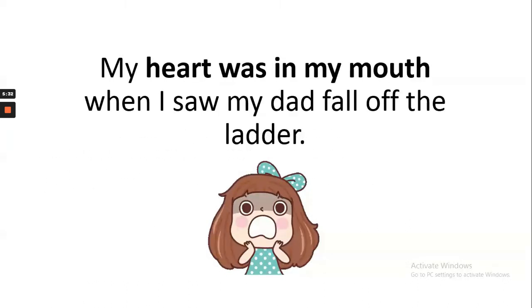The first sentence, my heart was in my mouth when I saw my dad fall off the ladder. Imagine if you see your dad fall off the ladder. Fall off the ladder maksudnya terjatuh dari tangga. Okay, so what do you feel? So of course you feel scared. Kamu rasa takut, mana tahu bapa kamu tercedera. So the idiom heart was in my mouth expresses fear.